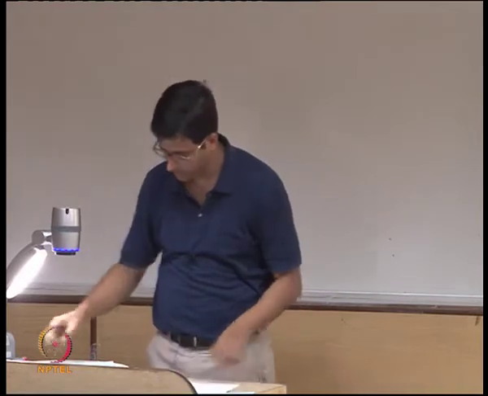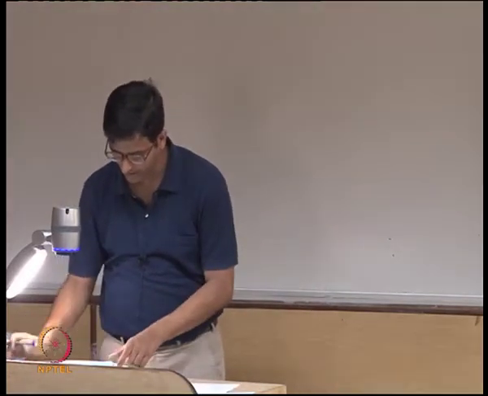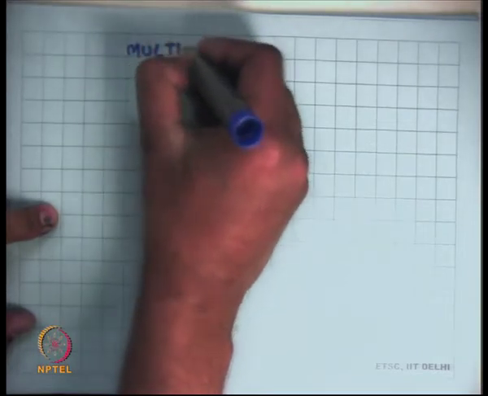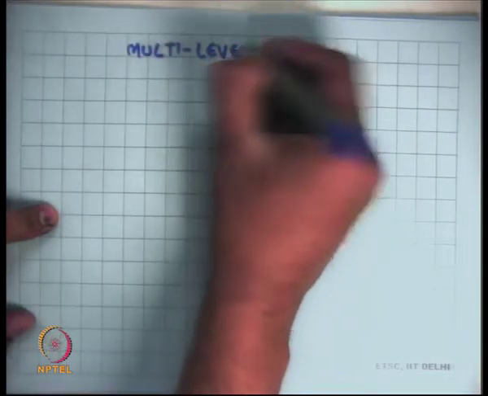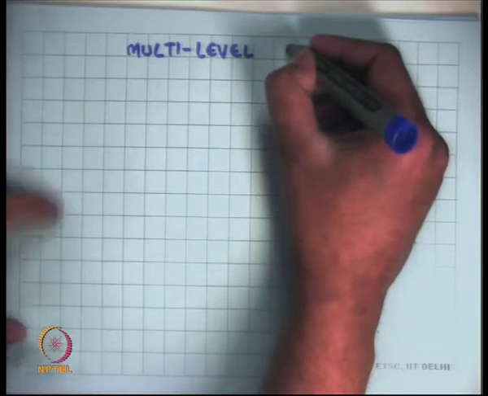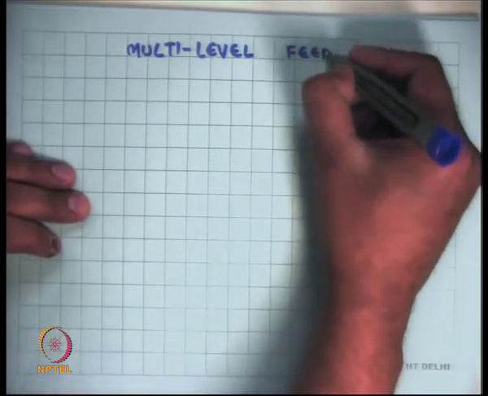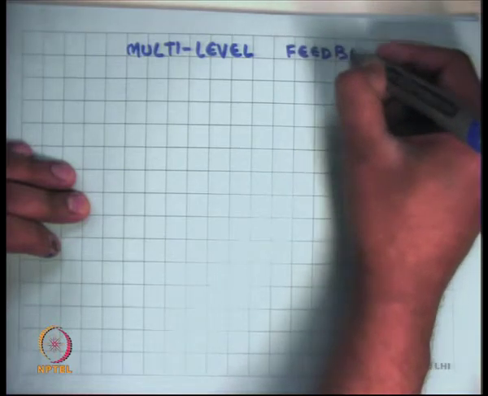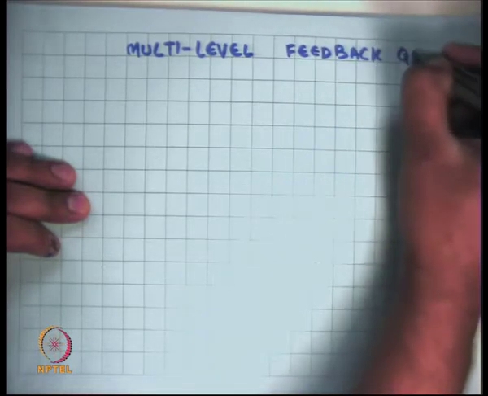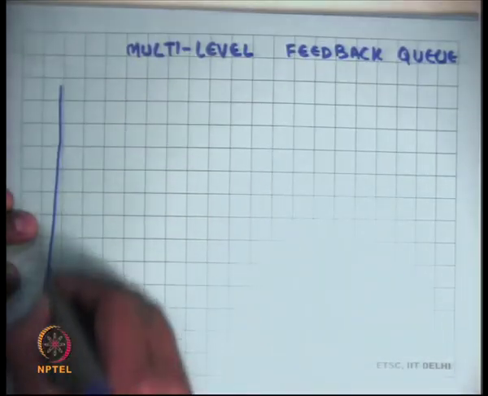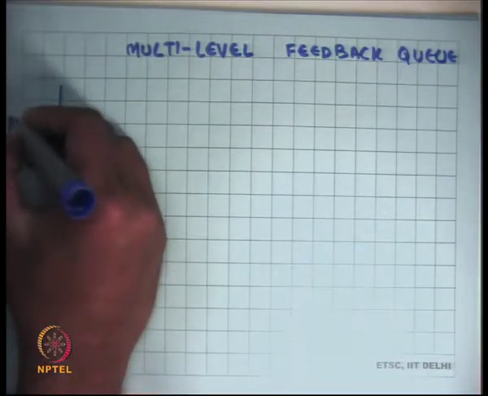Okay, so using this priority idea, what is popularly used in operating systems is what's called a multi-level feedback queue. So what's this? You basically maintain multiple priority levels.